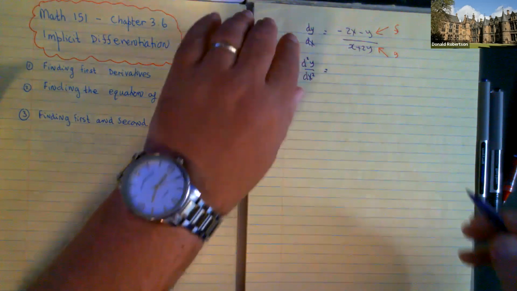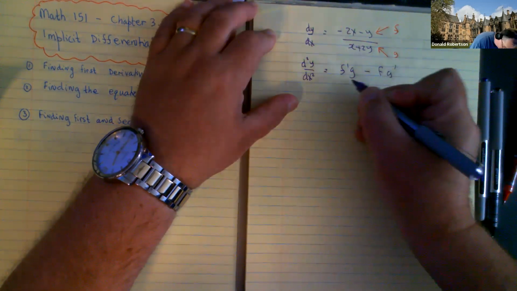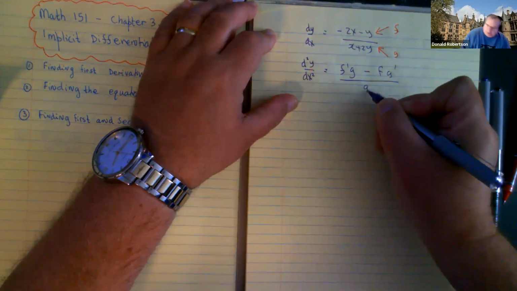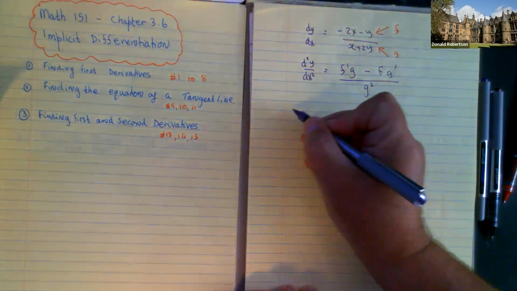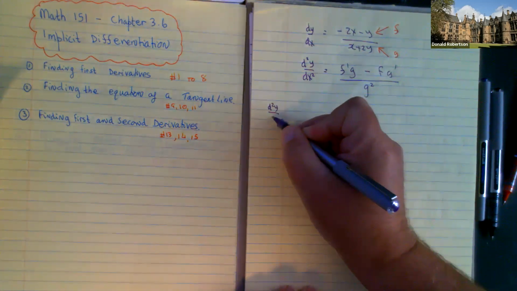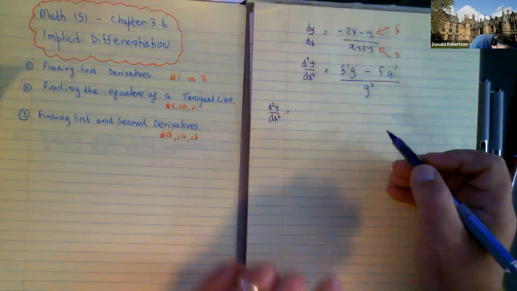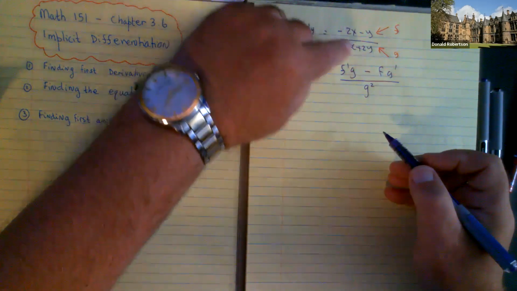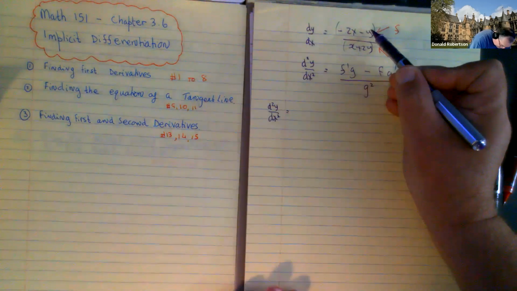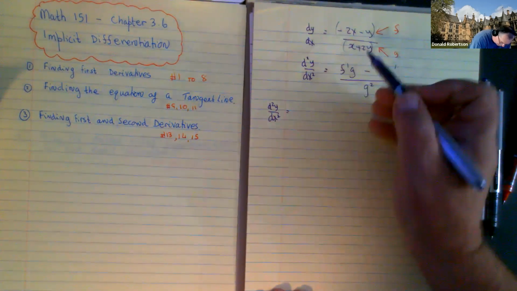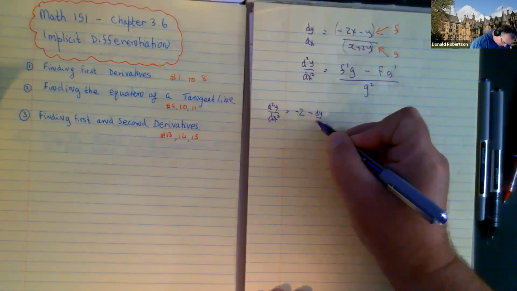So it's going to be f dash g, take away f of g dashed, all over g squared. I'm going to put this guy along way over here. If you differentiate the top, put little brackets around it, right? If you differentiate the top, you get -2, and if you differentiate that guy, you get -1 times dy by dx.